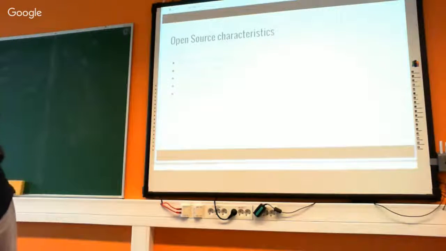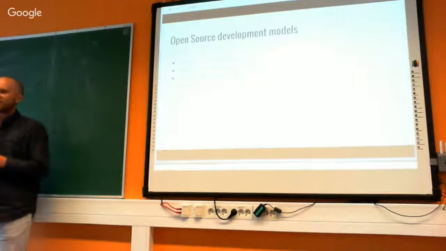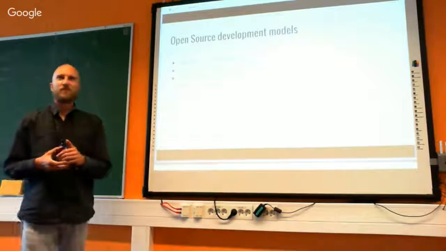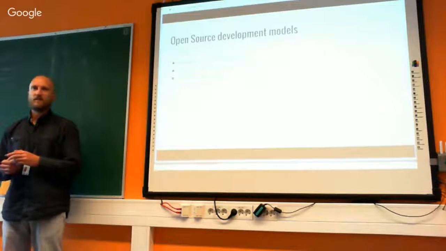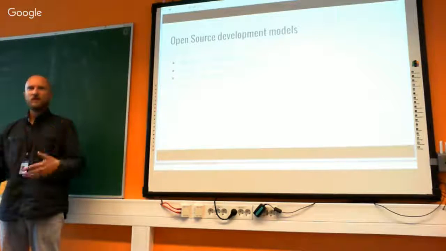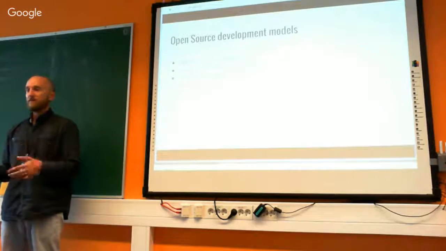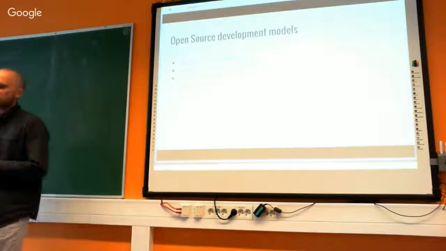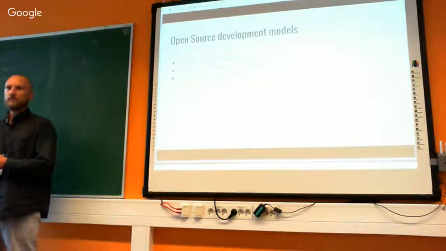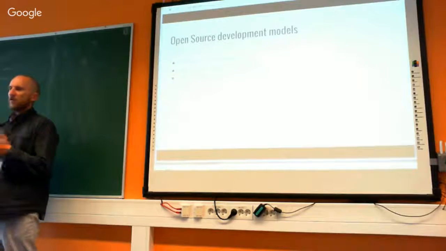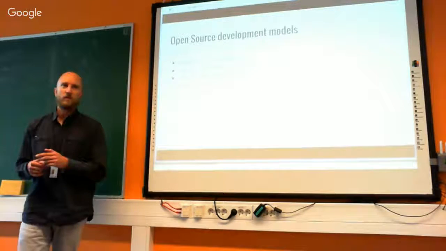So let's have a look at the development side. We have this classical bazaar versus cathedral kind of models, right? There is this famous book, The Cathedral and the Bazaar, which dives a little bit into the theory of how software development can happen. We have more planned and scheduled software development processes, or we have more self-organizing agile development processes.